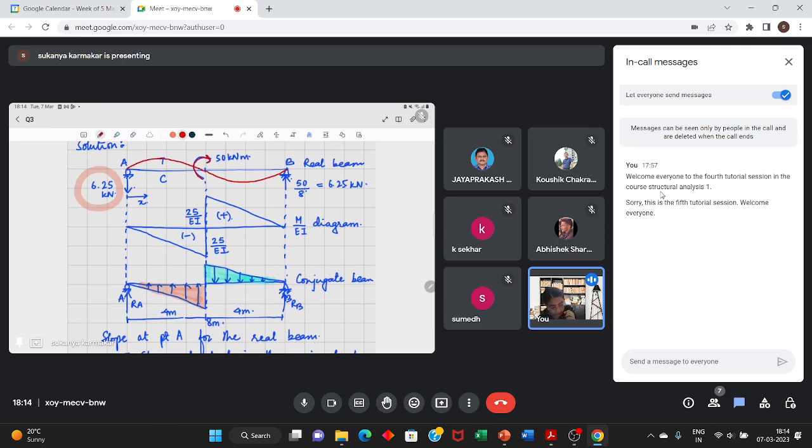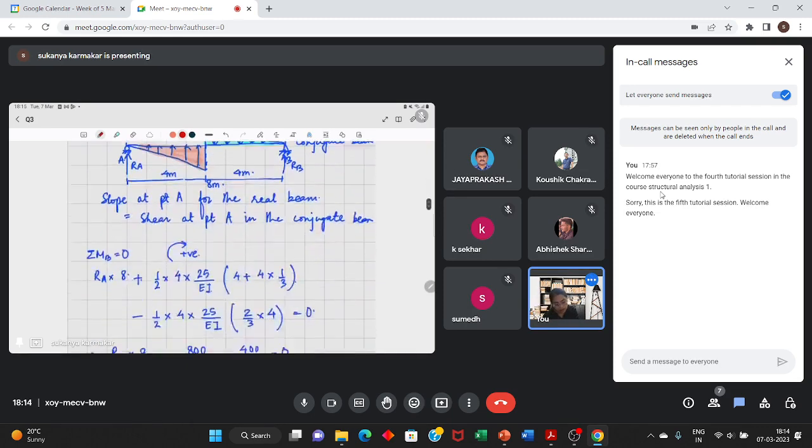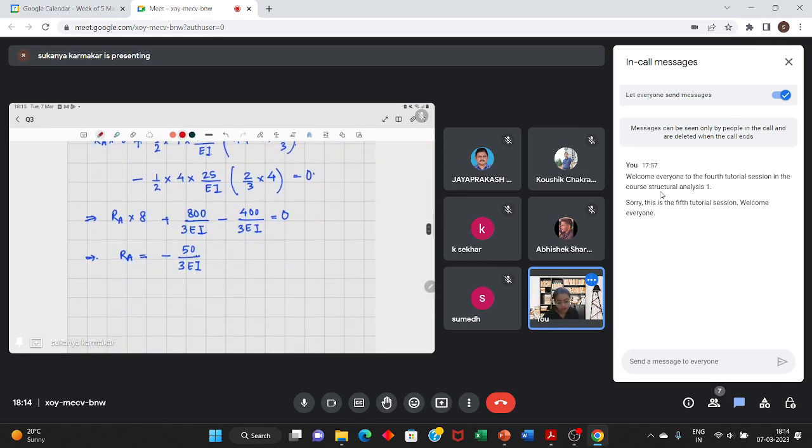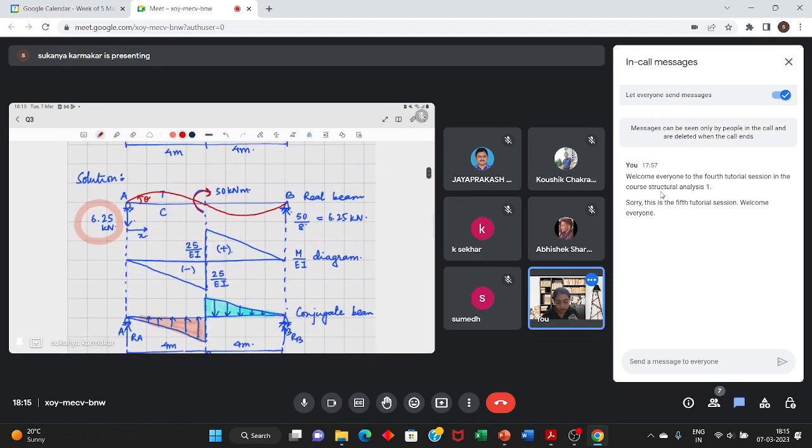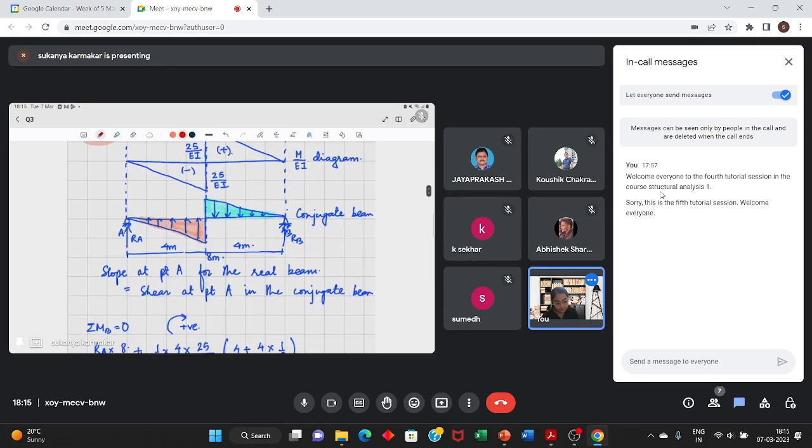So we consider rotation in the clockwise direction to be positive, and here theta is in the anti-clockwise direction and we get a negative value of the shear. So this clears the sign. Why is this negative sign coming up? We should be getting a negative sign, which is clear from the deflected shape of the beam.